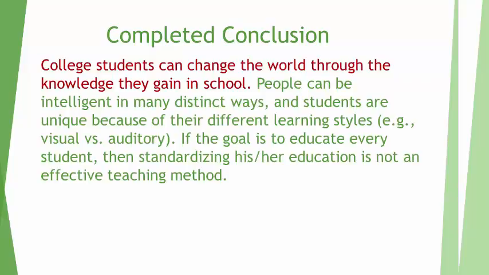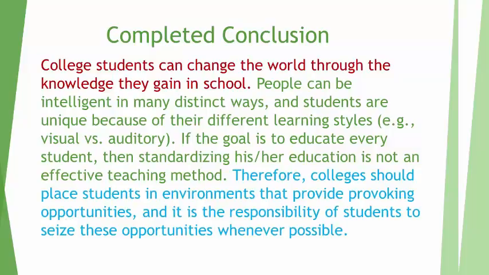People can be intelligent in many distinct ways, and students are unique because of their different learning styles, for example, visual versus auditory. If the goal is to educate every student, then standardizing his or her education is not an effective method. Therefore, colleges should place students in environments that provide provoking opportunities, and it is the responsibility of students to seize these opportunities whenever possible.